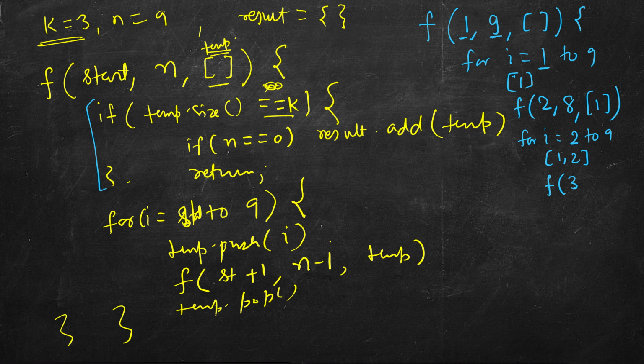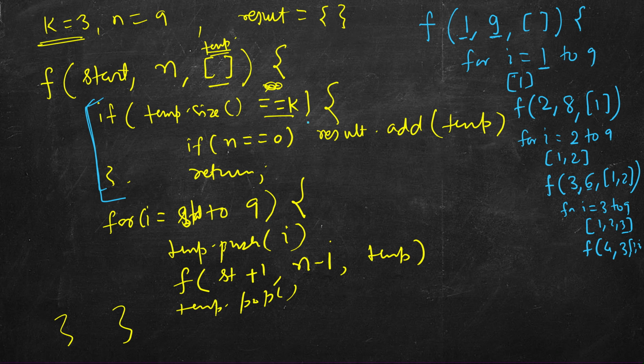Next start will be 3, and the remaining value will be 8 minus 2, 6, and 1 2 is passed. Again this will check the base case, but it will not satisfy, so this will call for I equal to 3 to 9. So insert 3 here, so 1 2 3, and then call f 4, and the remaining will be 6 minus 3, that is 3, and 1 2 3.